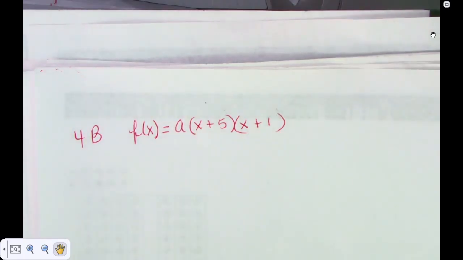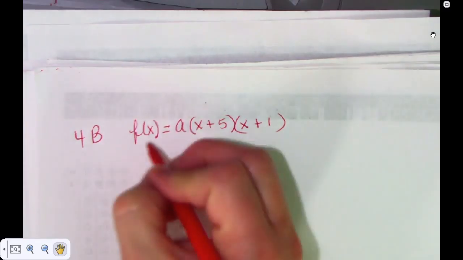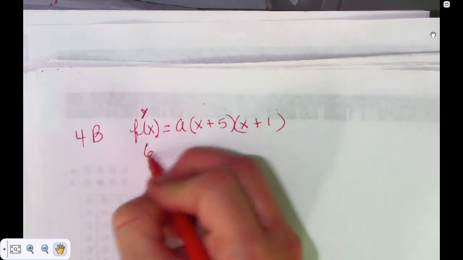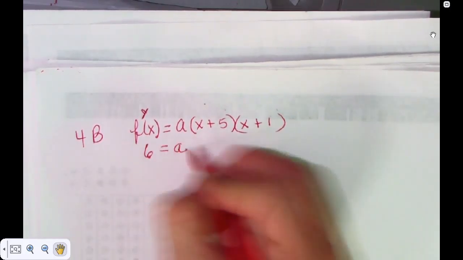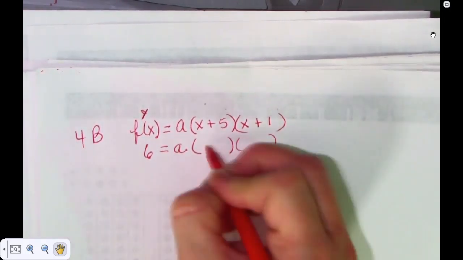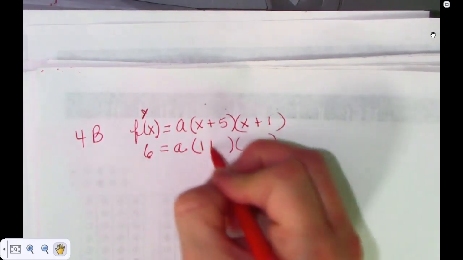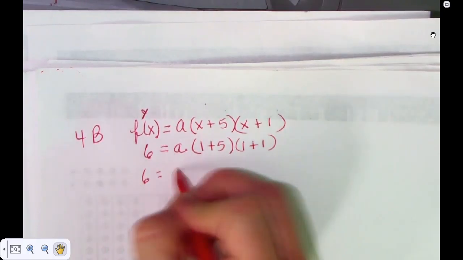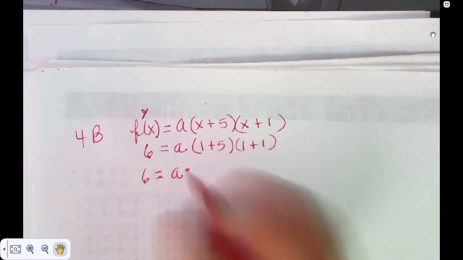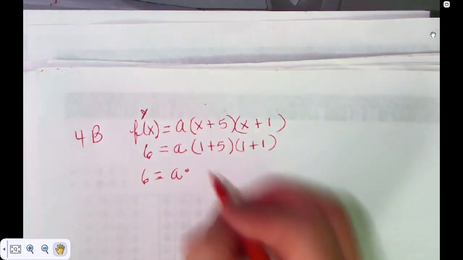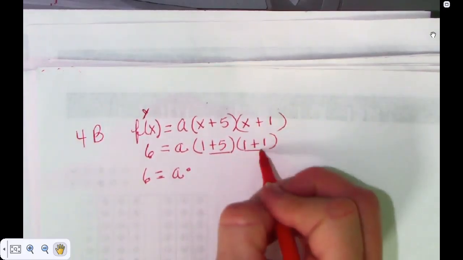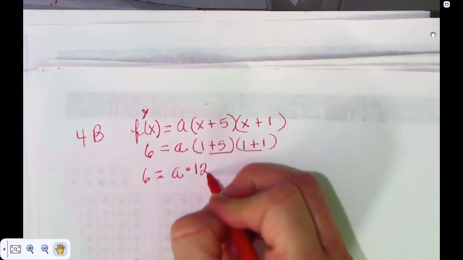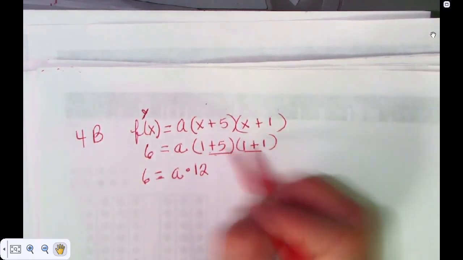Okay? Now we're going to use the 1/6 to put in. Remember, this is my y, so I'm going to put 6 equals a, 1 plus 5, and 1 plus 1. So that's going to be, hey, we can just do that in our head. What's 6 times 2? 12. True? 6 times 2.